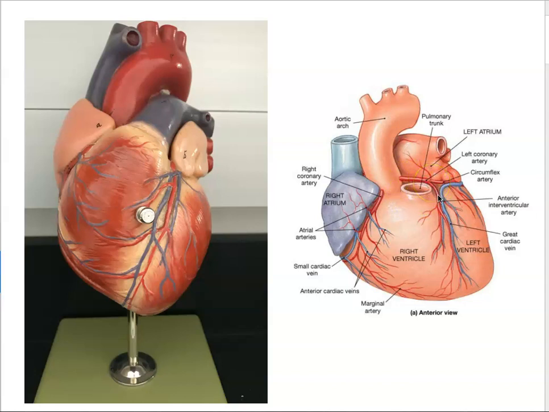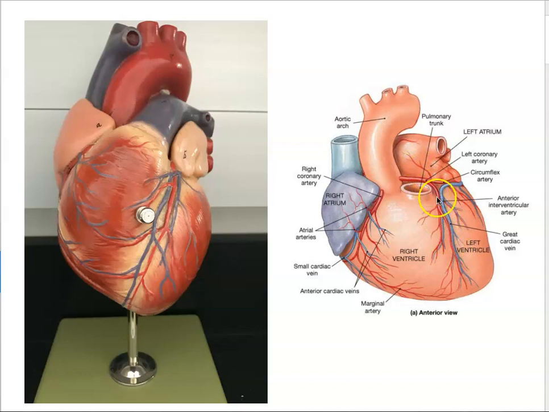The left anterior descending artery, the LAD. Here they're calling it the anterior interventricular artery. You can call that because it is in the anterior interventricular sulcus, but clinically nobody's going to call it that. They're going to call it the LAD, the left anterior descending artery.